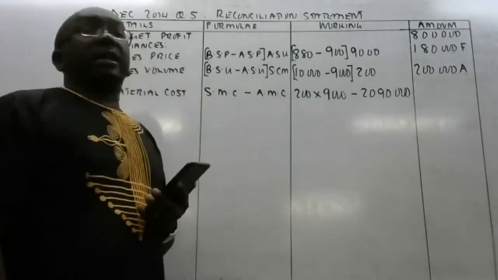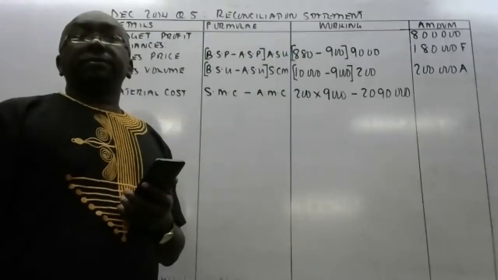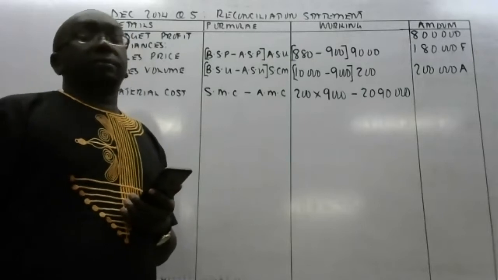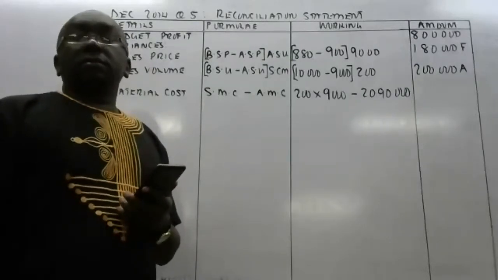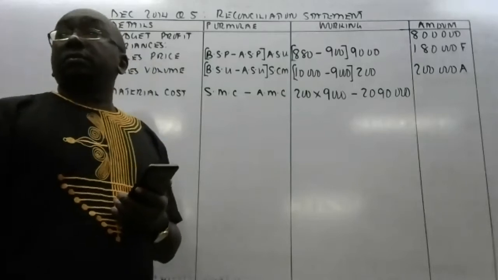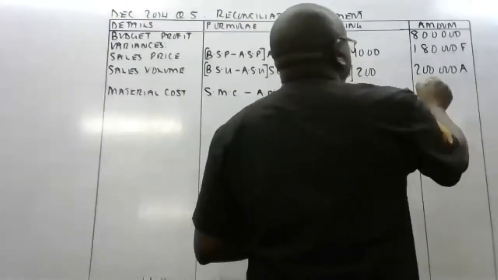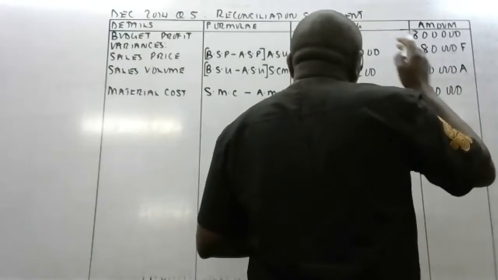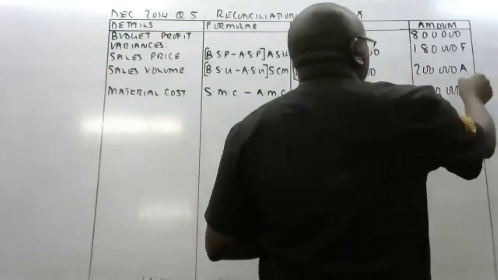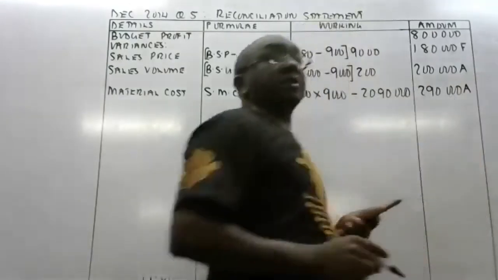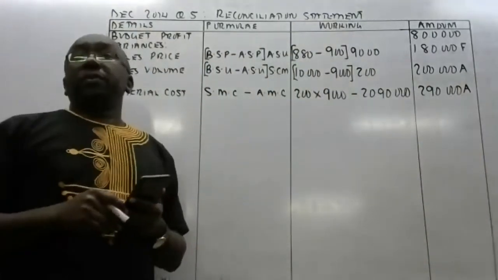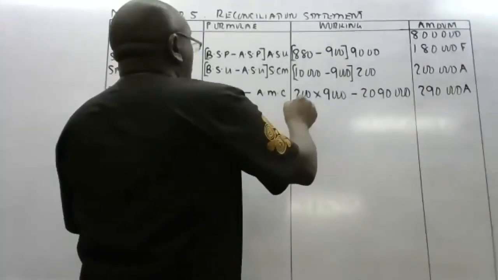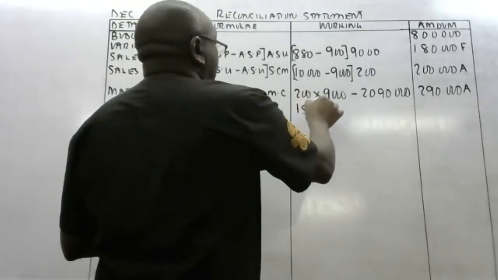So that gives us a variance of $290,000. Is it favorable or adverse? Negative or positive? If it's negative, that is adverse. That means the actual material cost was higher. Let's go to material B, which was costing us 150 times 9,000.